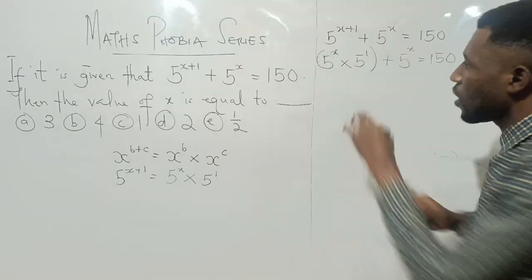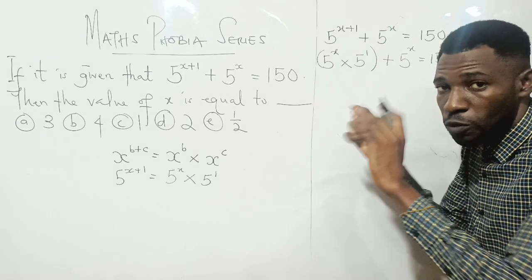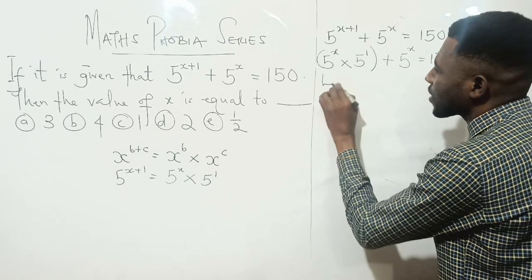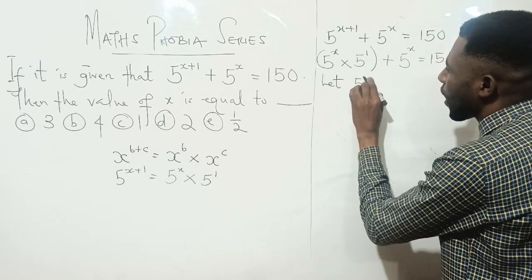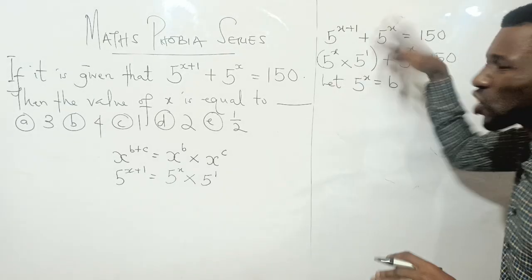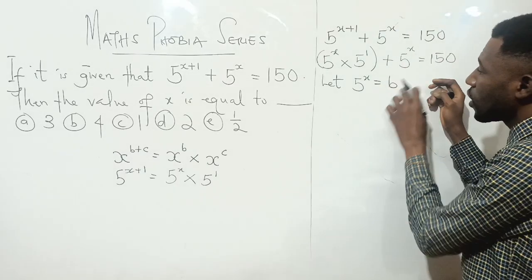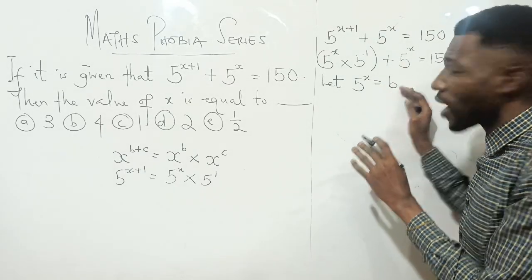There's nothing we can do further, but there's something special we can do. We can say, let 5^x be equal to b. We want to make it something linear, something solvable, something we can simplify, so we replace it with a variable that has no power.